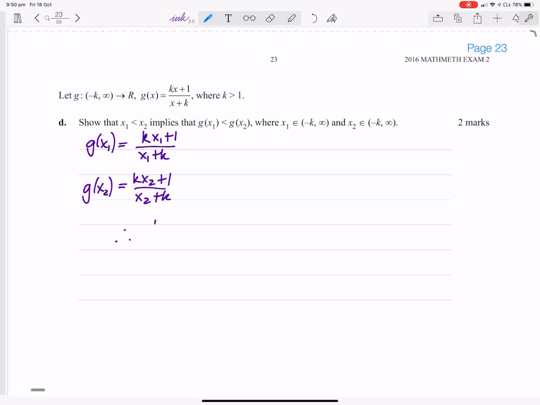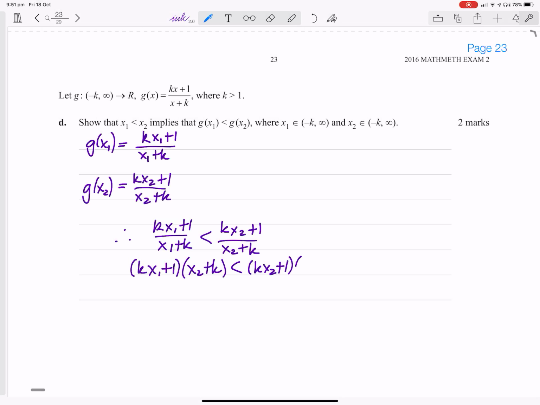So therefore, k x1 plus 1 on x1 plus k has to be less than k x2 plus 1 on x2 plus k. So k x1 plus 1 times x2 plus k has to be less than k x2 plus 1 times x1 plus k.